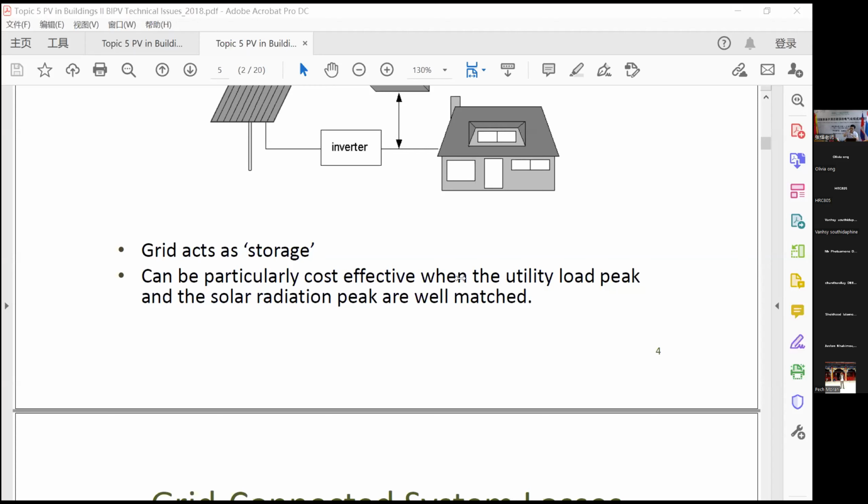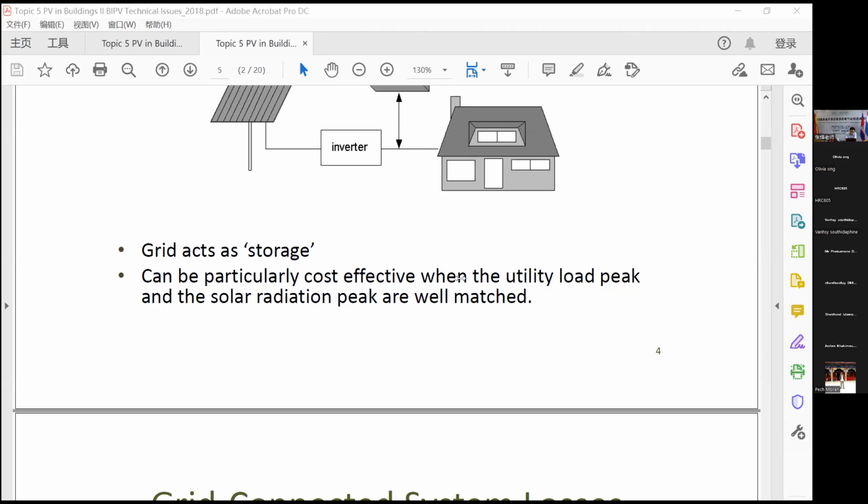Okay, very good question. I'm not sure whether any of the students know the life cycle assessment, abbreviated LCA, for solar cells.